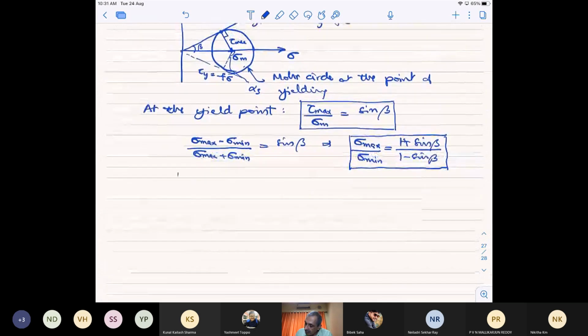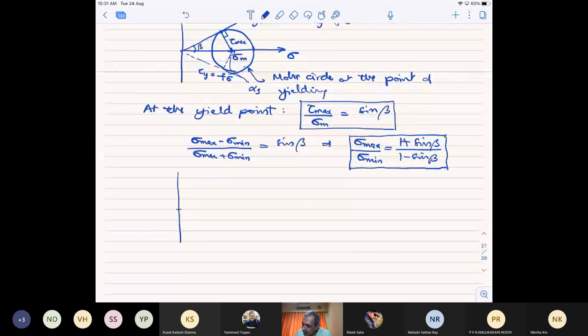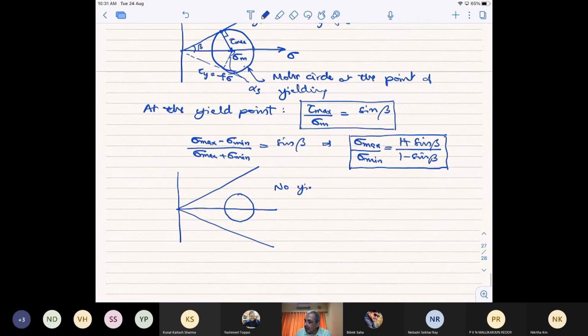Obviously, if you have a situation like this, where this is my yield criterion, but this is my Mohr circle, what does this mean? This means that there is no yield. The material is far from the yield condition because this is the stress.